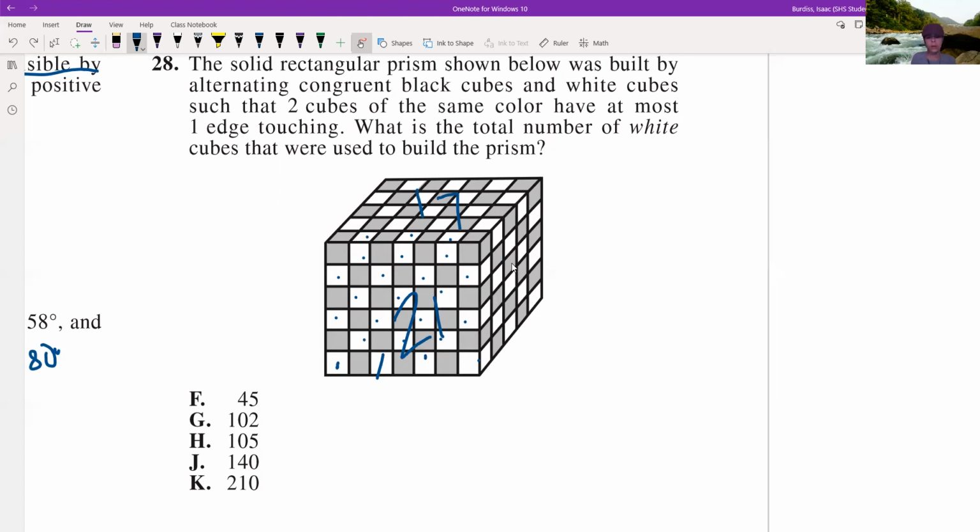Oh, no, wait. 1, 2. Oh, wait, how is this a cube then? Oh, it's not a cube. This is a rectangular prism. Oh. Wait a second. I did this question. I got it right. That's the answer, 105.